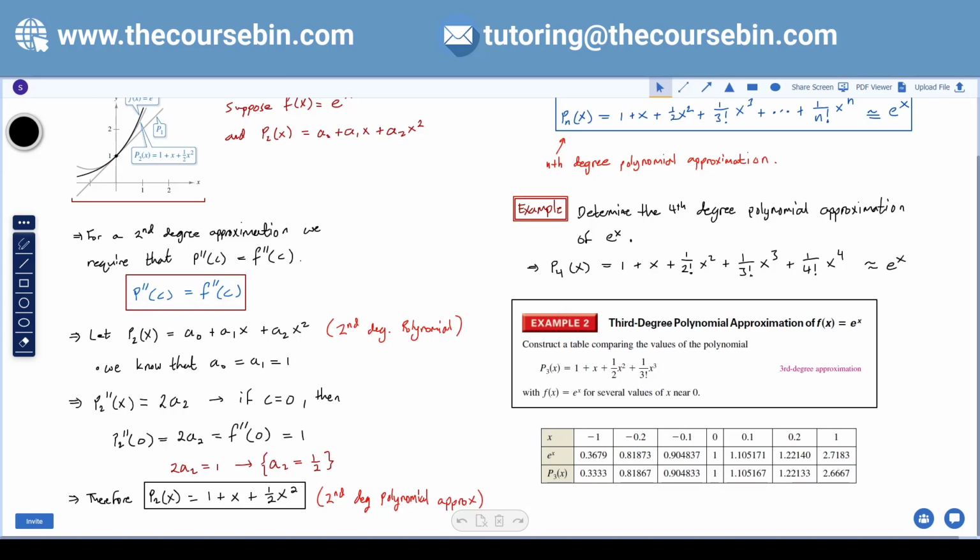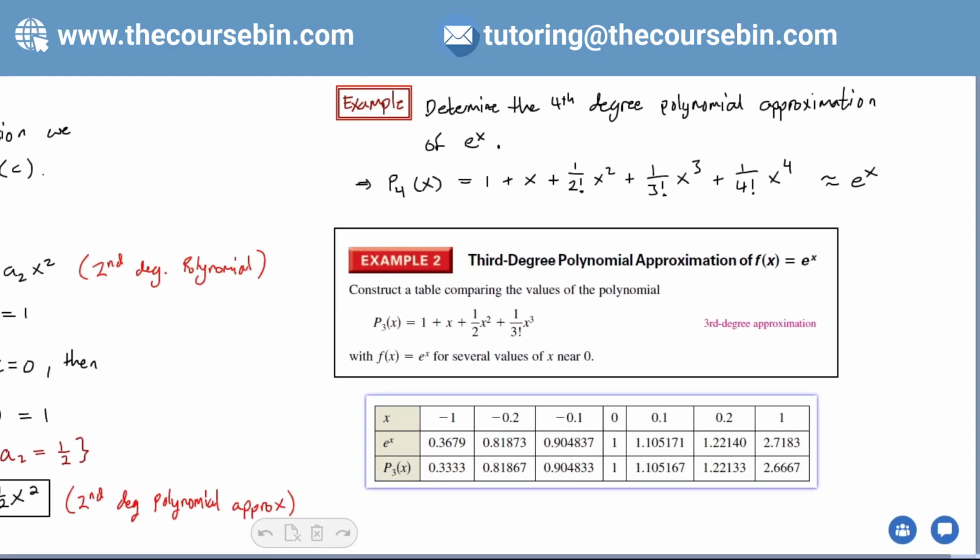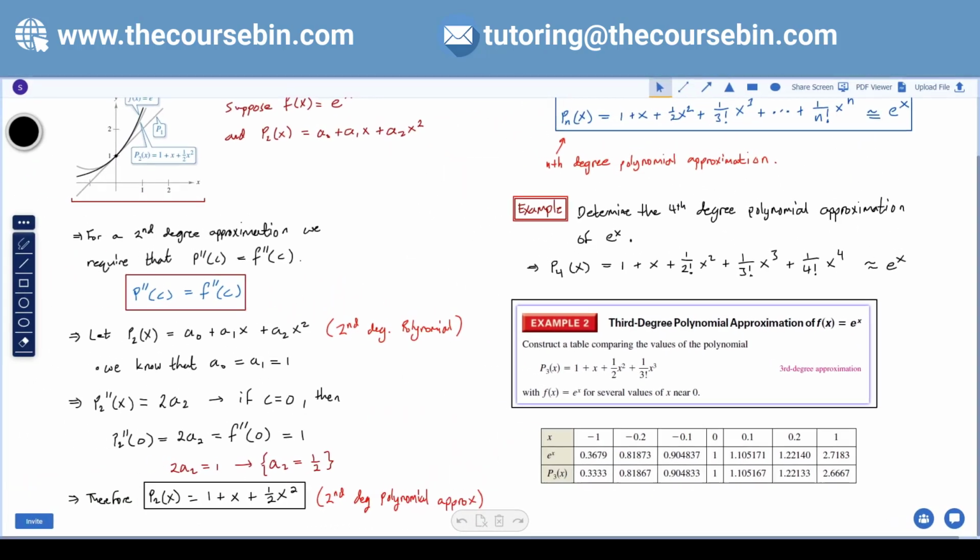It's a numerical approximation, I guess you can say, right? But the idea here is that we're trying to show how good the approximations are, and we're comparing the polynomial values to the exponential values, right? So our approximation is 1 plus x plus half x squared plus 1 over 3 factorial x cubed, right? So this is the P3 values.